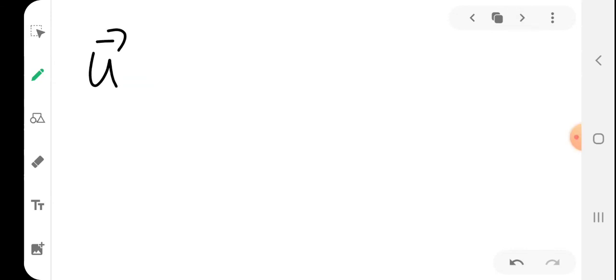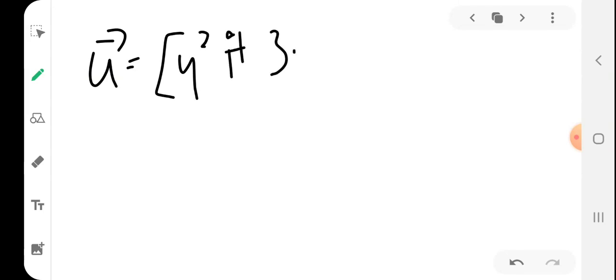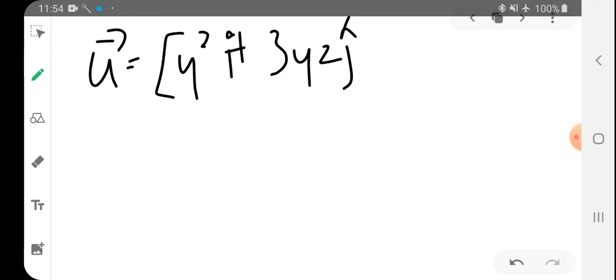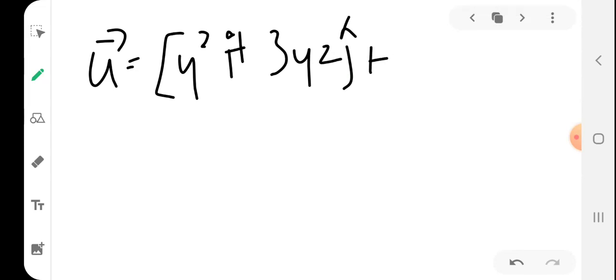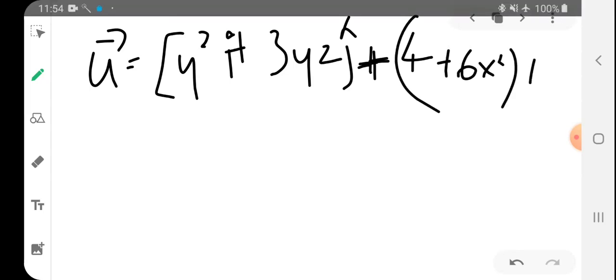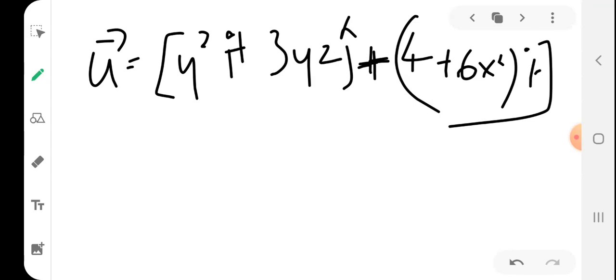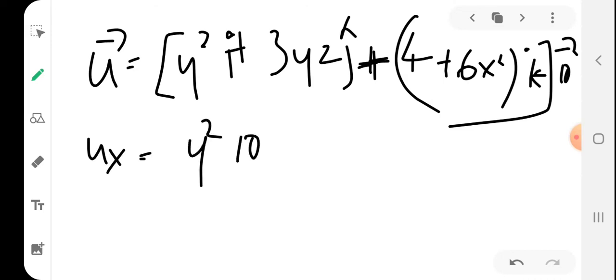U vector is nothing but y square i plus 3yz j plus (4 plus 6x square) k, whole into 10 raised to minus 2. Okay, so ux is nothing but y square into 10 raised to minus 2.